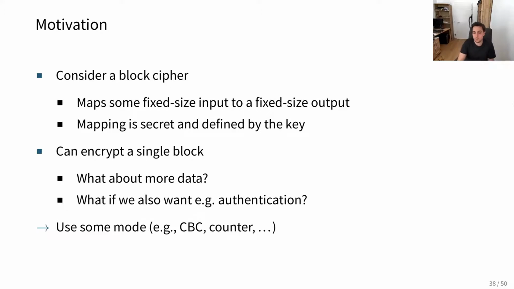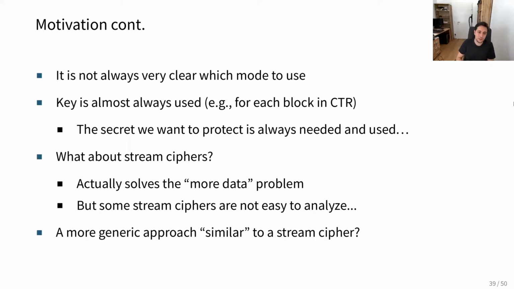This doesn't provide authentication, but it addresses the more data part of the problem. And also for authentication we need to use different things or modes together with this block cipher. So this may be a problem, and this is part of the motivation. If we have a scenario where we want authentication, encryption, and more data, then it's sometimes not very clear which mode we actually want to use.